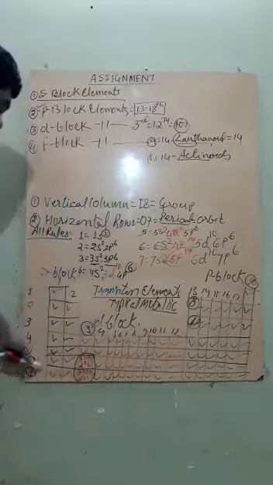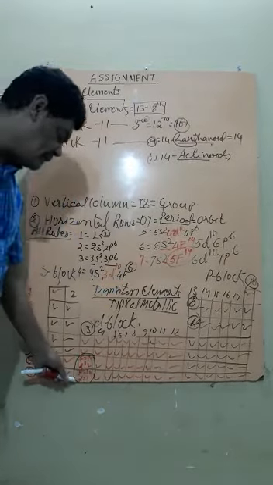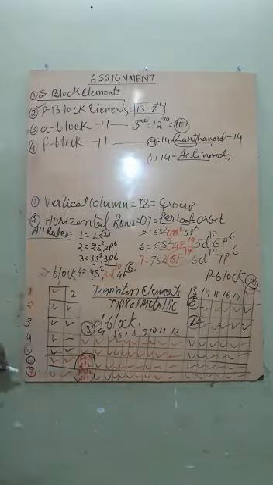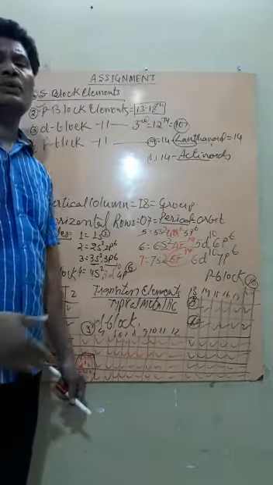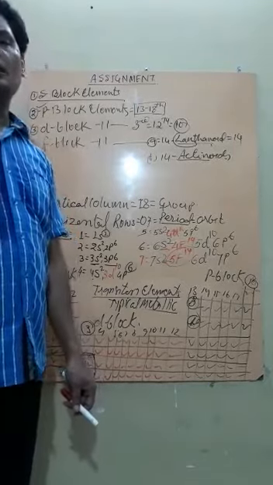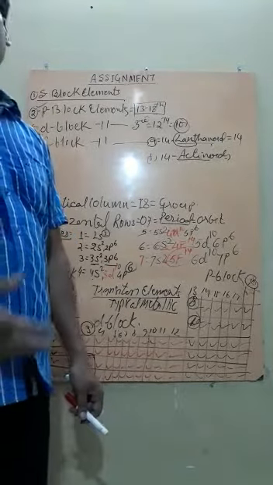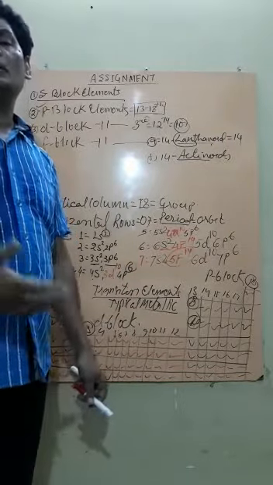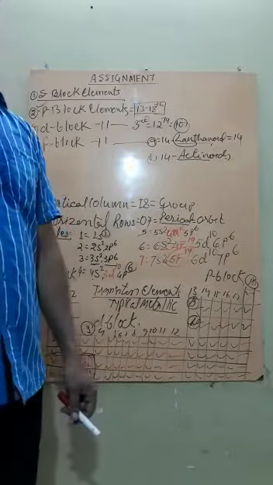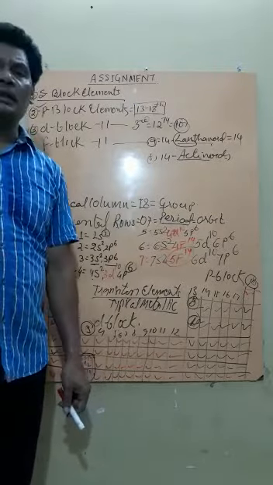Most of the elements in the actinide block, the F block, are radioactive, that is, their nucleus is highly unstable. Therefore they are called radioactive elements. They release radiations from their nucleus. These radiations are alpha, beta and gamma radiations.